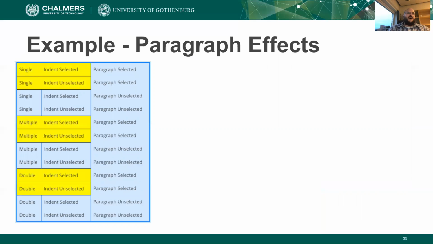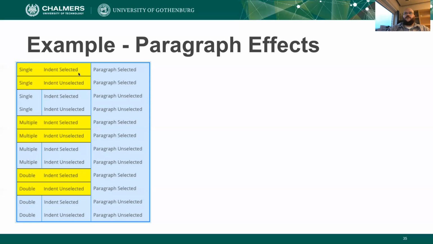So what we can do is first look at all combinations of the values between line spacing and indent selection. So we have three choices for line spacing: single, multiple, double.